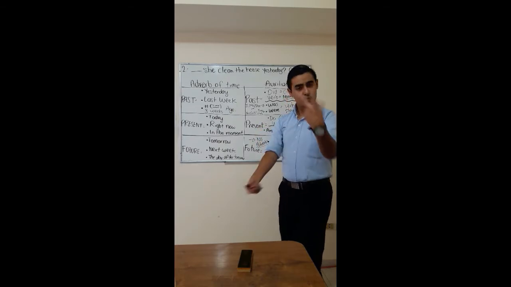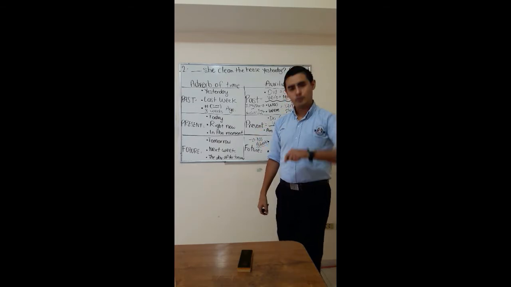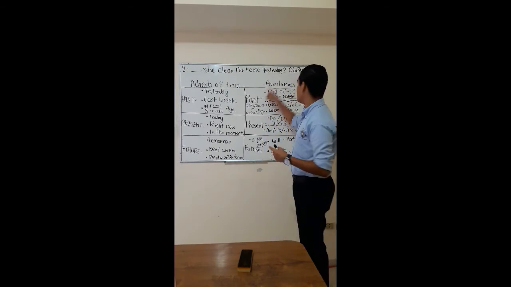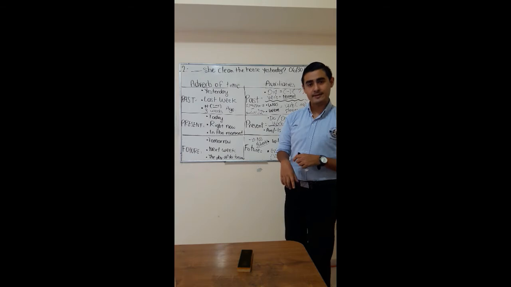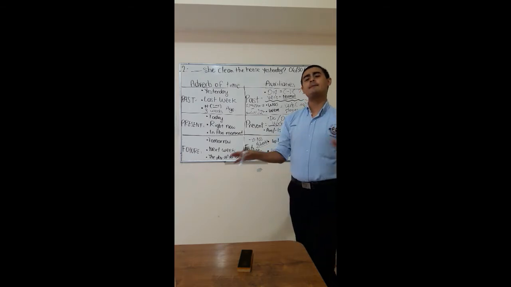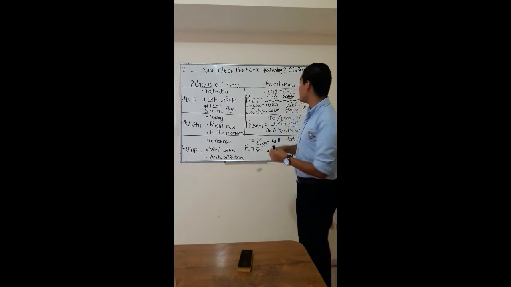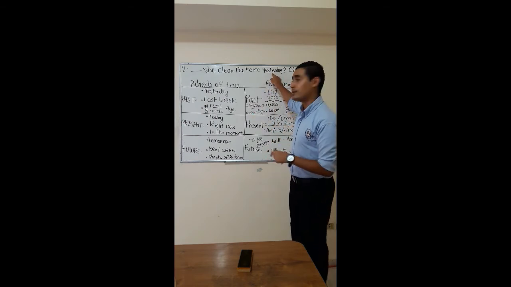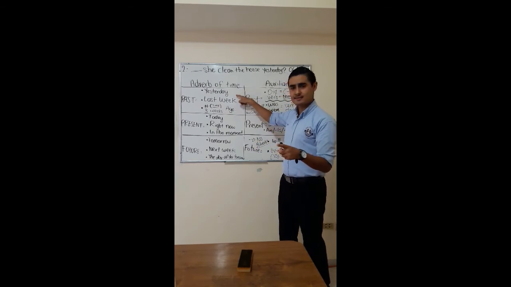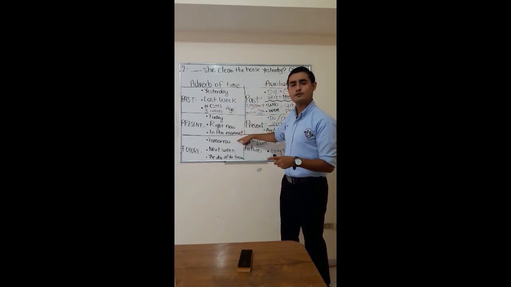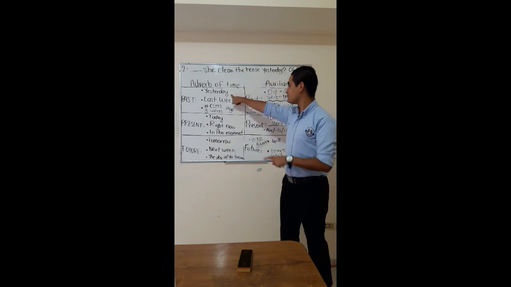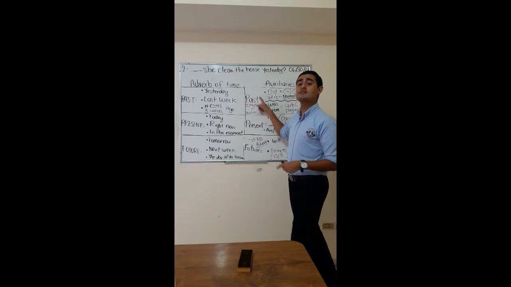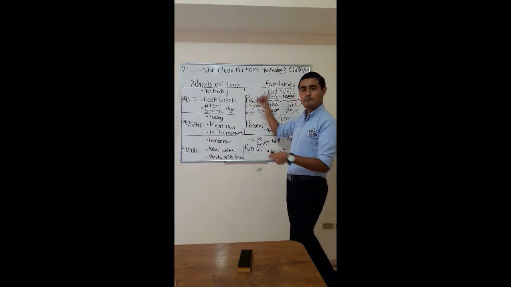Alright, now let's pass to example number 2. Ahora, ejemplo número 2. Now it's different. Ahora es diferente. Because now it's a question. Es una pregunta, okay? But first, let's do the same thing. Hagamos lo mismo. Let's identify the last part. La última parte, okay? For example, yesterday. Yesterday, past, present, or future? Well, yesterday is past. So here, past, we pass to the auxiliaries. Pasamos a los auxiliares del pasado.